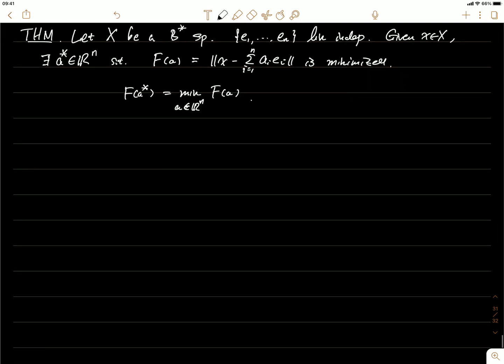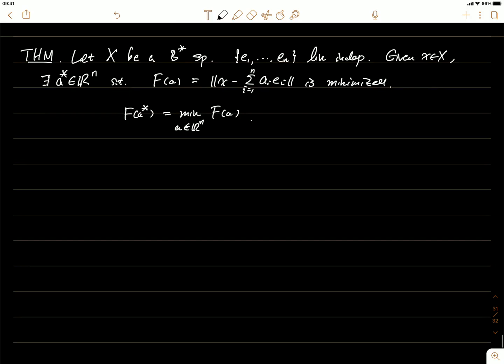What this tells us is that as long as I have a B star space and a finite dimensional linear subspace, which is spanned by these vectors, or if you just know that it's a finite dimensional linear subspace of X, then you can find a basis for that linear subspace.